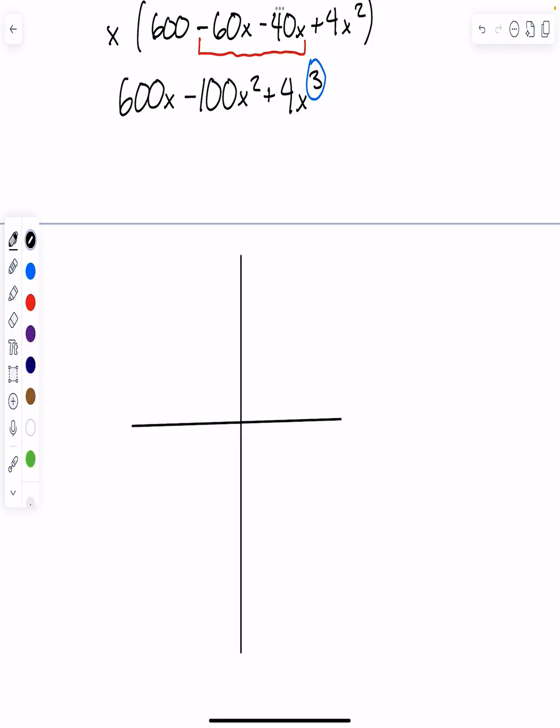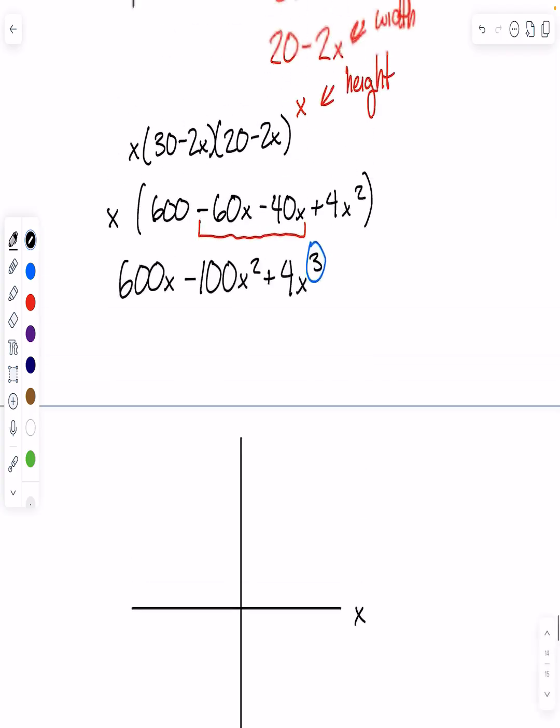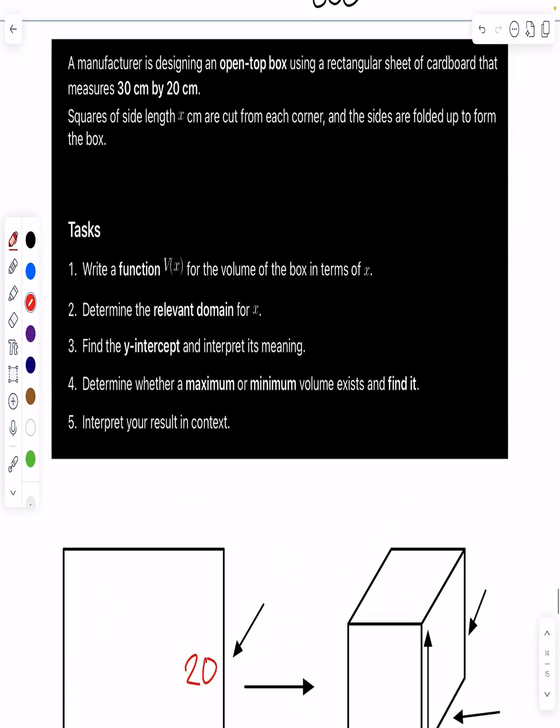If I have my X and Y plane here, all possible input values would mean that my volume could not be negative, because that's not possible. I only care about what's possible, all my possible input values that are relevant to this function. For any given cubic function, the domain is all possible values I can input for the given function. But because this is talking about volume, I only care about what's relevant.